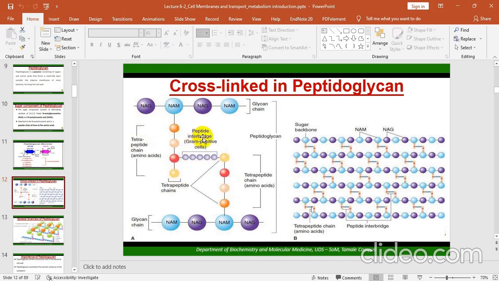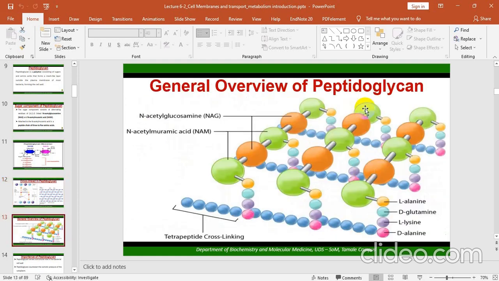Then there is an interbridge of peptide or amino acids also here, then another tetrapeptide chain joining still the N-acetylmuramic acid. So you can see the chain. It is a very rigid protective barrier for the bacteria. So this is also an overview of the peptidoglycan chain.